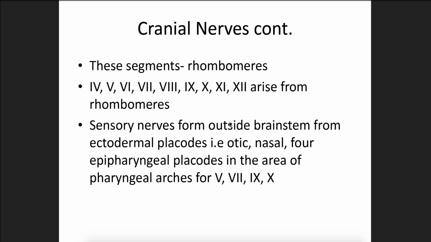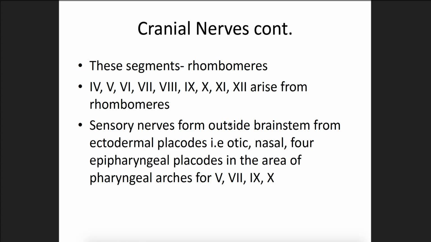The sensory nerves form outside the brainstem from ectodermal placodes. Now we discussed what ectodermal placodes are. They are thickenings for the sensory organs that are developing, like the otic placode, the nasal placode, the lens placode for the eye.